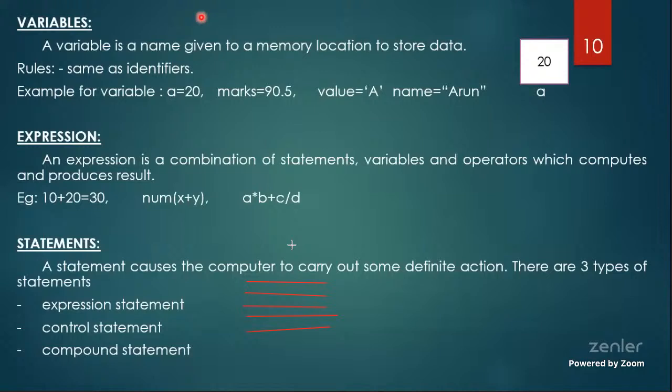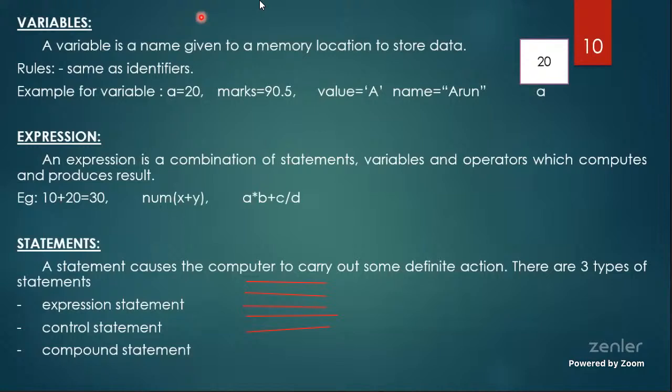Based on the condition, if your logic is generating remainder as 0, then only the even number has to be executed, not odd numbers, right? So there you will be changing the order of it. So we call it a control statement when you apply such a concept to your program.